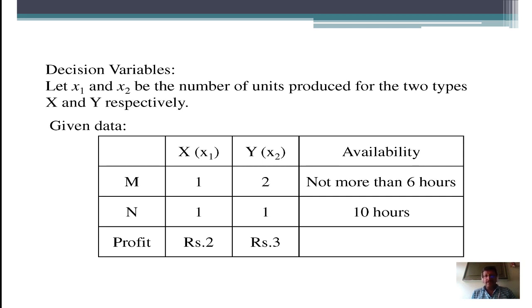Not more than 6 hours means you cannot use more than 6 hours; up to 10 hours you can use on N. Processing times are given in minutes, whereas availability is given in hours, so you have to convert the availability into minutes. 6 hours is 6 into 60, which equals 360 minutes, and 10 hours is nothing but 600 minutes.